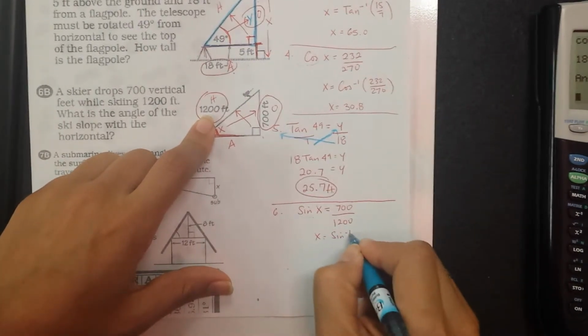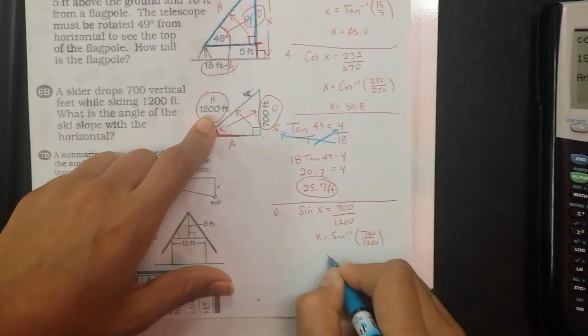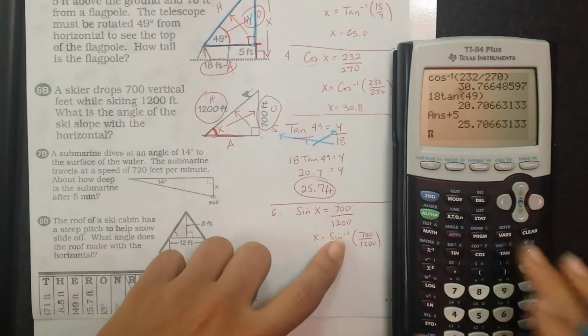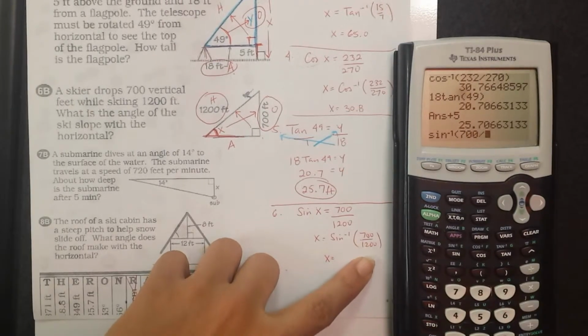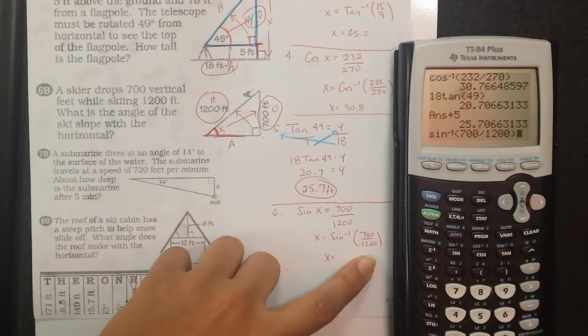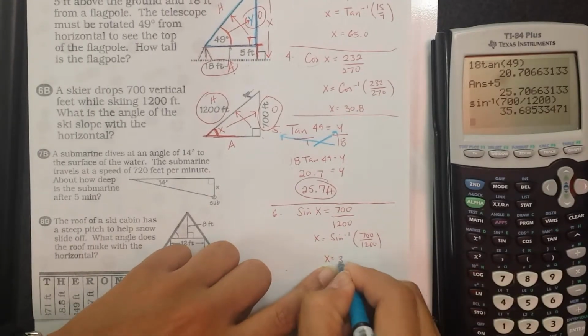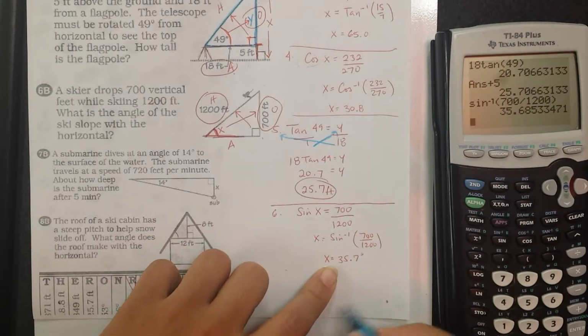So X is equal to inverse of sine 700 divided by 1200. Ooh, that is 35.7. So x is 35.7 degrees. Okay.